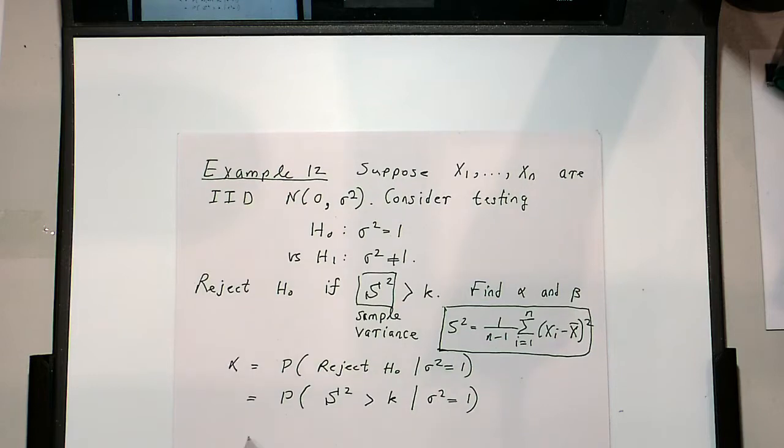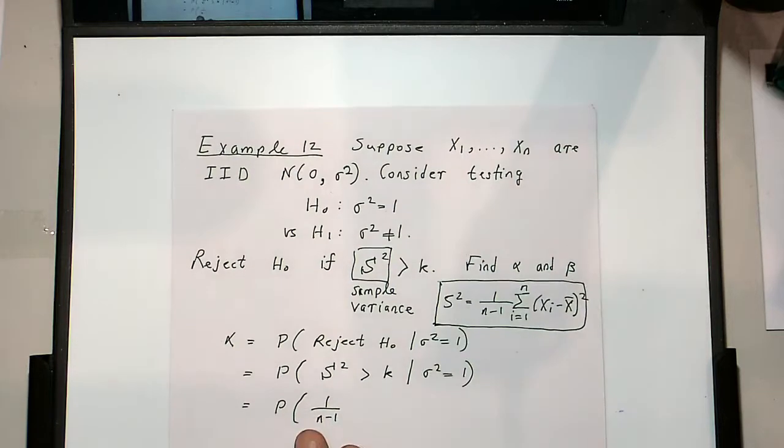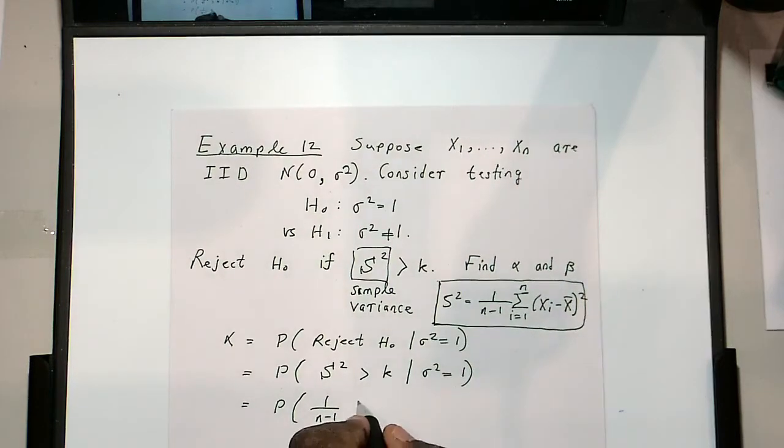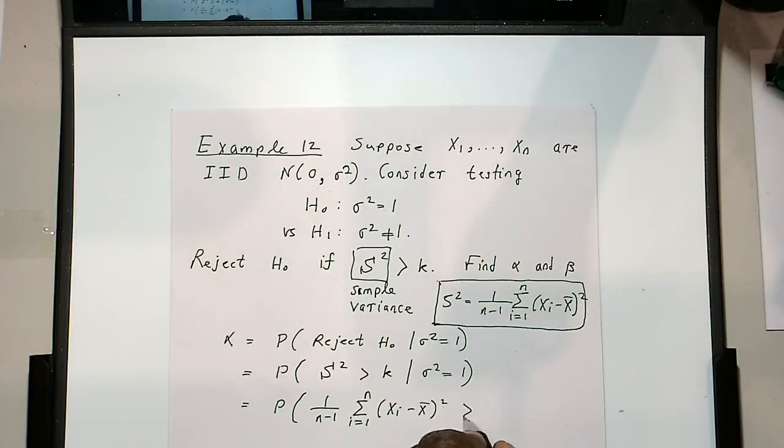Right? Which is the probability that 1 over n minus 1 times the sum of squared deviations is greater than K, right?